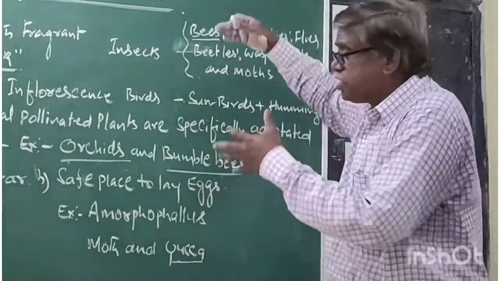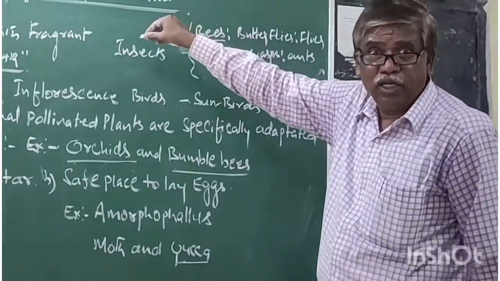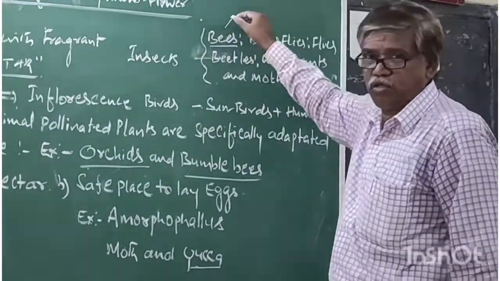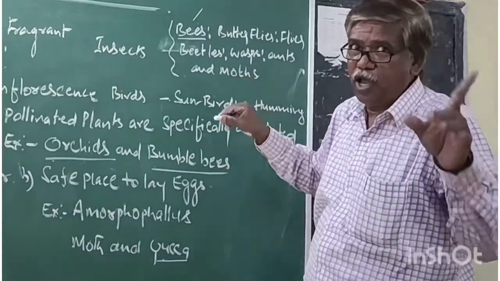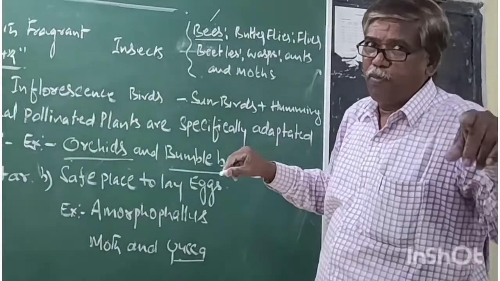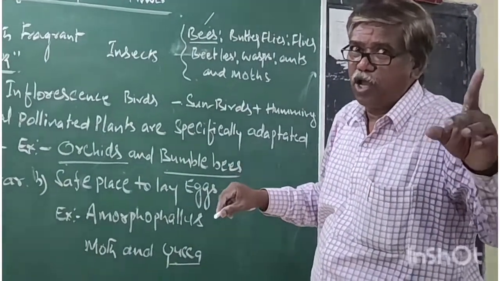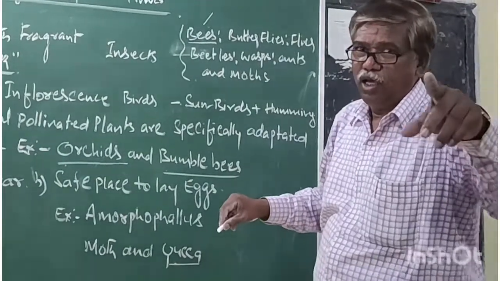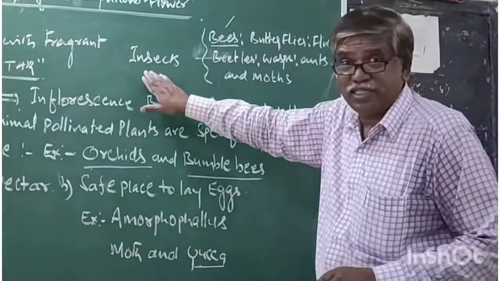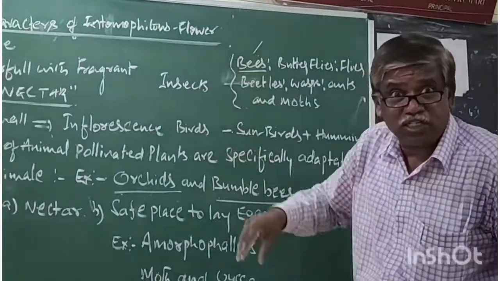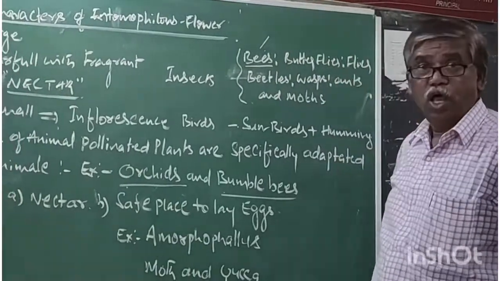But the majority of the insects involved in entomophily are bees. Remember and keep this in your mind. Abiotic: majority is wind pollination. Biotic: majority is insect pollination. Among insect pollination, bees. Right? Now, this is all.